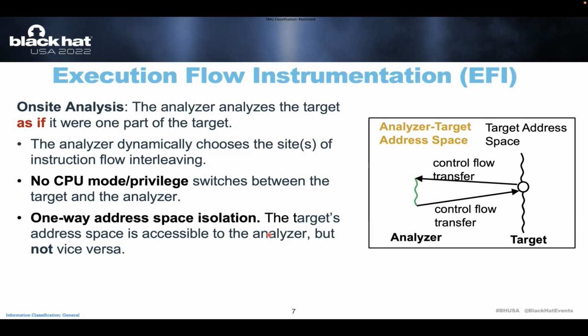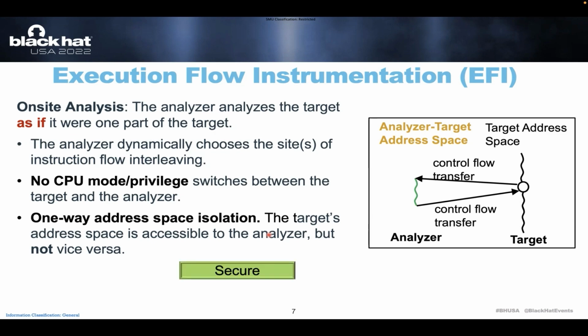The kernel cannot access the analyzer. This is something like a one-way mirror in the police station's interrogation room. The police officers can see everything inside the room, but the suspect cannot see things outside. Of course, the suspect can make a guess, but he or she doesn't see anything.